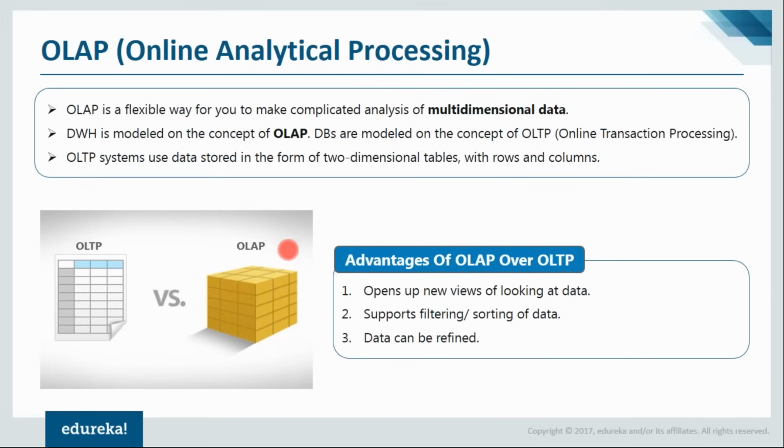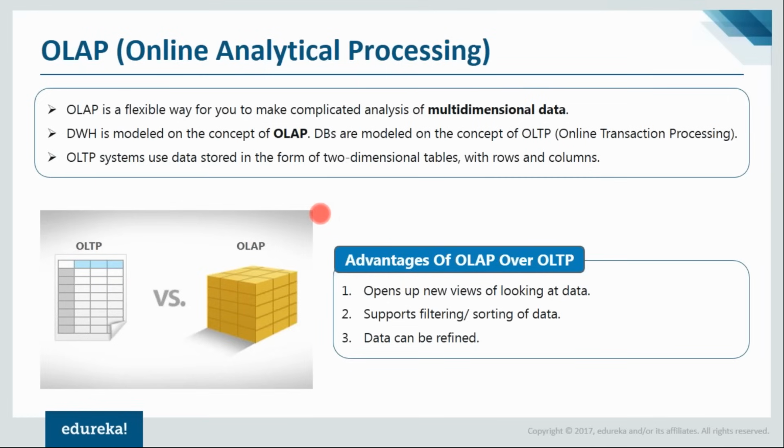We call them OLAP cubes, and whichever data is stored inside your data warehouse and accessed with the help of OLAP activities is called multidimensional data. So your data is converted into a multidimensional form, and to access that data you use OLAP queries, and it is stored in such OLAP cubes.